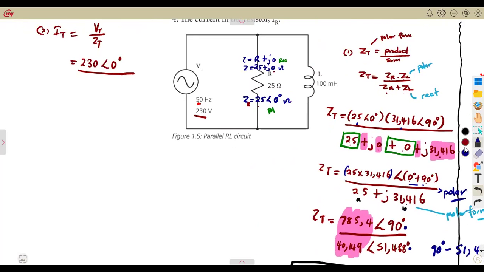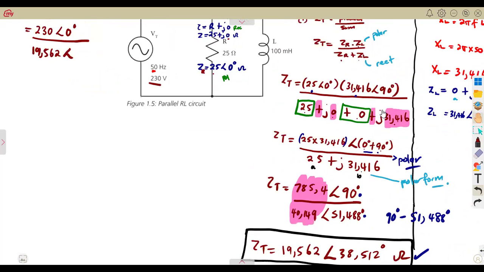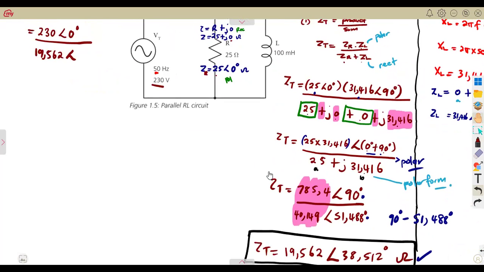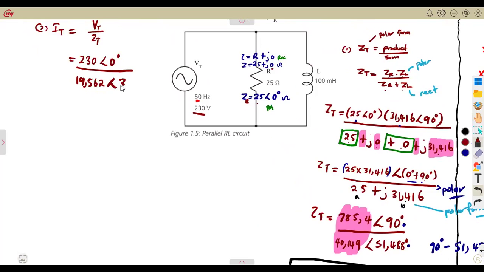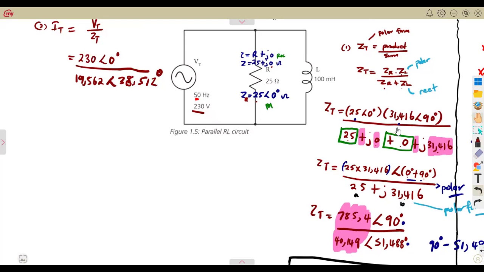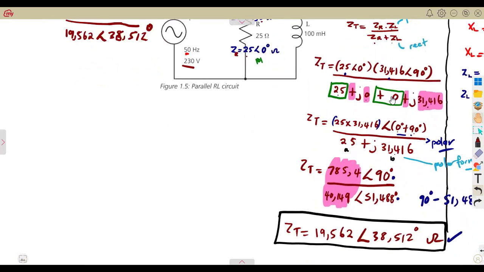19,562, right? Then the angle there, remember our angle was 38,512 degrees. All right, let's hope, guys, our network is going to be able to help us to finish here. You see how it is presenting now. 38,512.